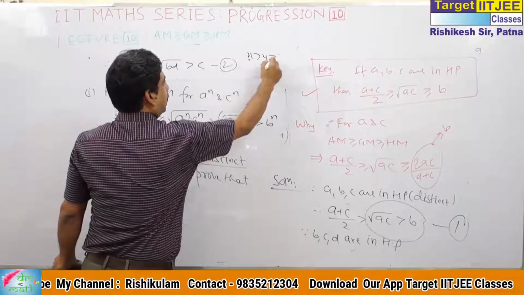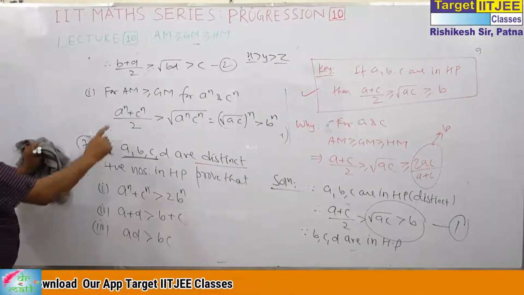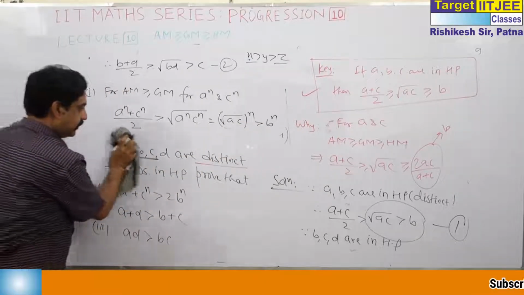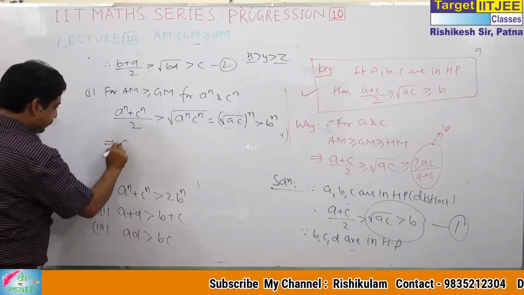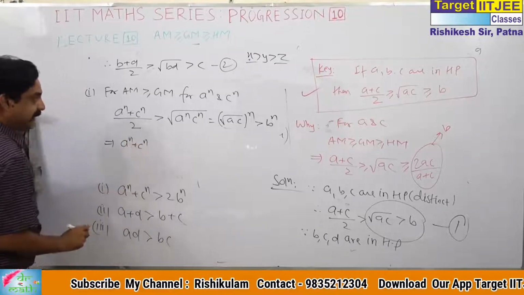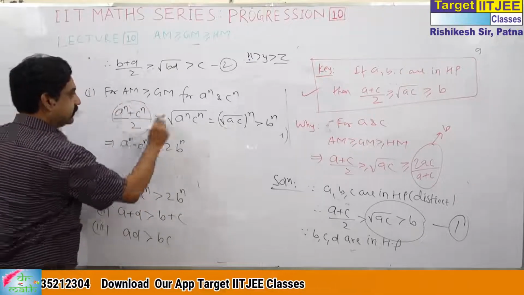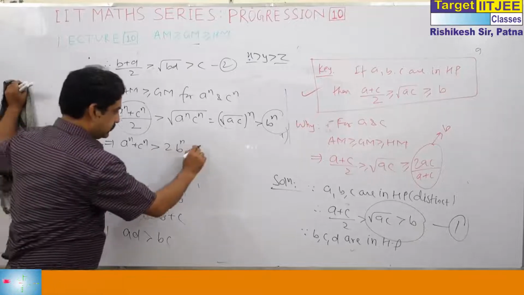X greater than Y, Y greater than Z means X greater than Z. So comparing this and this, A to the power n plus C to the power n is greater than 2B to the power n. Multiply 2 by this. First is done.